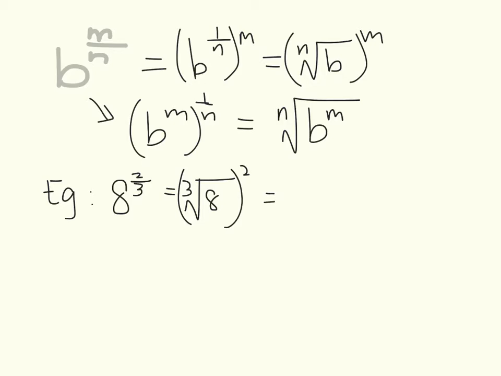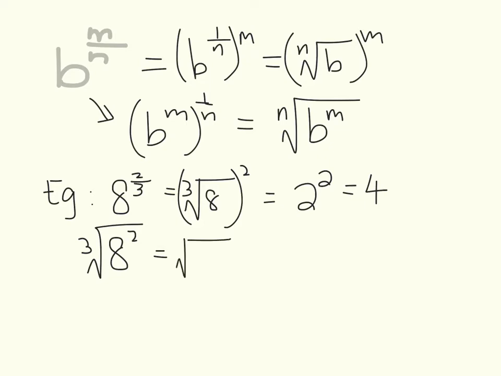So the cube root of 8 is 2, and 2 squared gives you 4. Another way is to think of it as 8 squared and take the cube root of 8 squared. 8 squared is actually 64, and the cube root of 64: what number cubed gives you 64? The answer is 4, and you get 4.